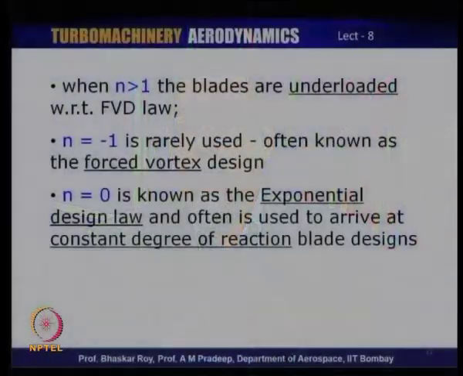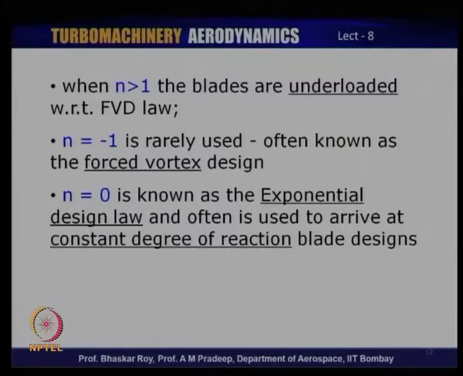On the other hand, if you have a blade in which the value of n is more than 1, which is one of the possibilities, the blades are underloaded with respect to the free vortex design law. So, the moment the values of n used are more than 1, the blades are underloaded. Now, this is not entirely useless.